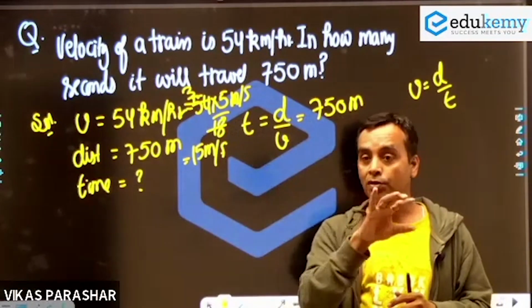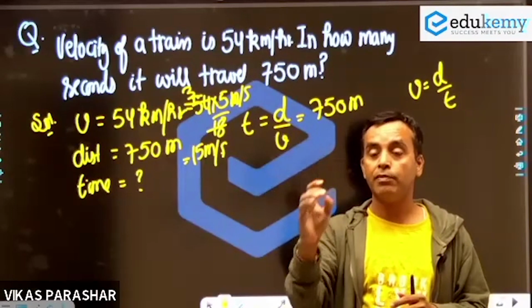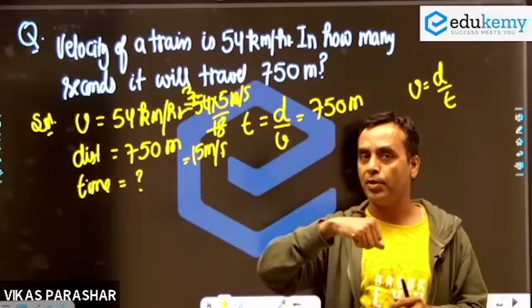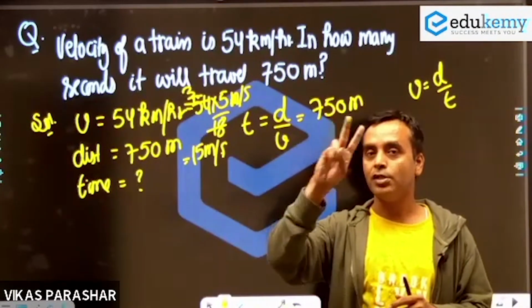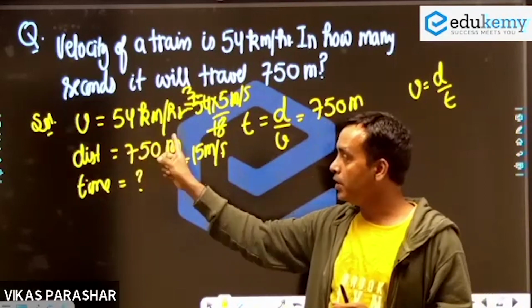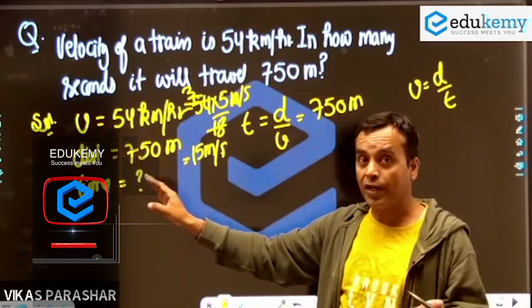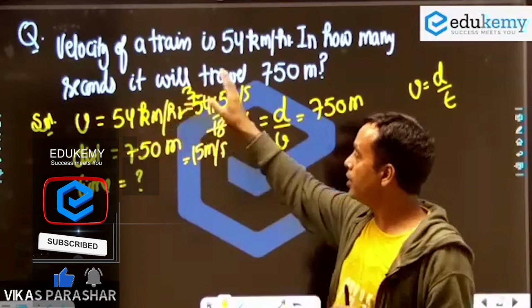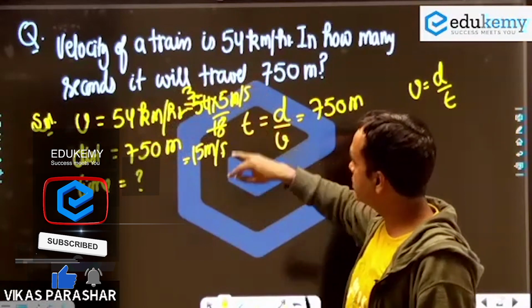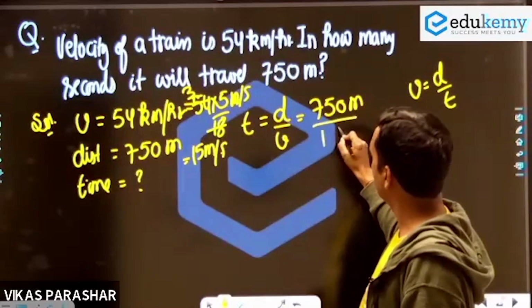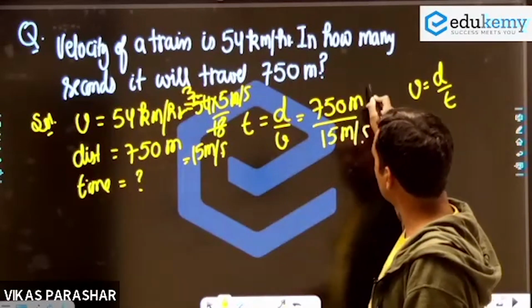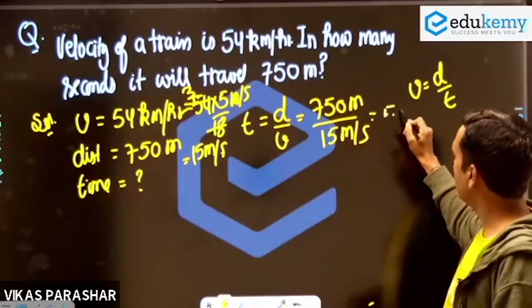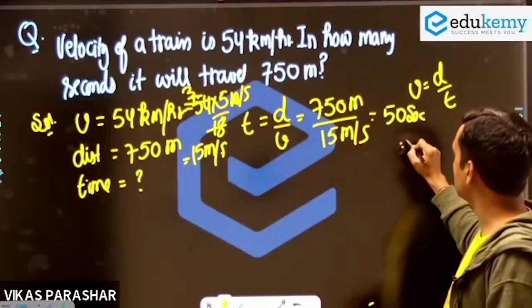All three parameters, velocity, distance, and time, should be in the same unit system. Distance is in meters and you have to find time in seconds, so velocity must be in meter per second. Now put in the value, 15 meter per second. You can see meter cancels and you get 50 seconds as the answer. So this is the use of that.